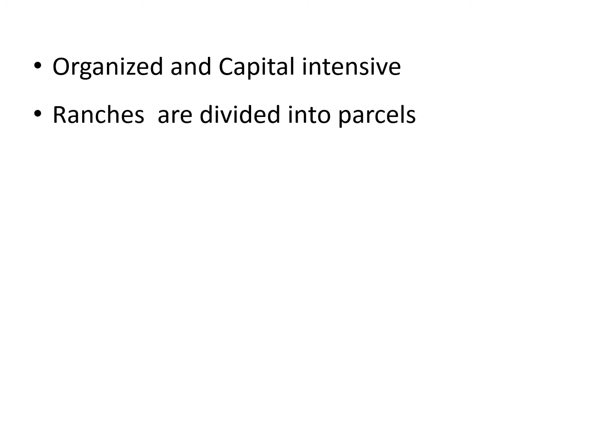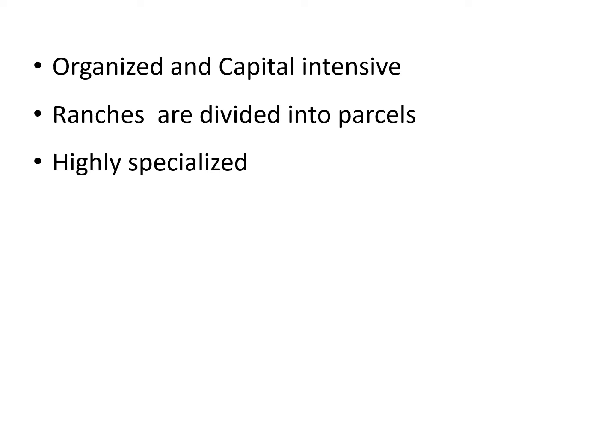It is capital intensive and is practiced in permanent ranches for commercial purposes. It regulates grazing. Ranches are divided into parcels. The number of animals depends on the carrying capacity. It is a highly specialized activity.